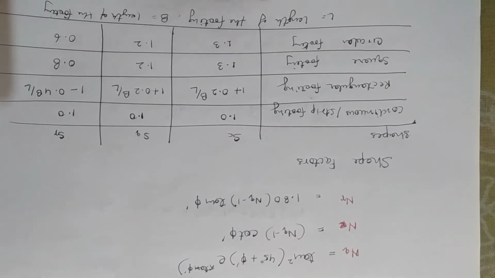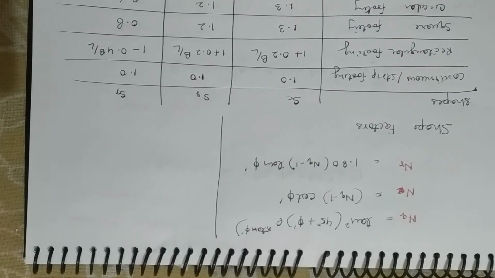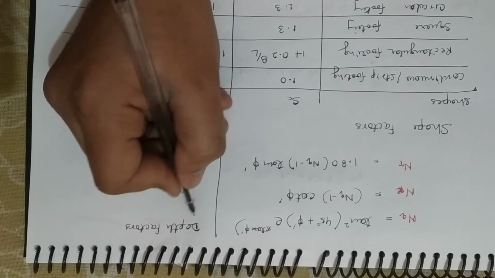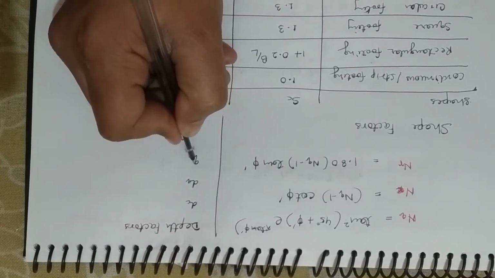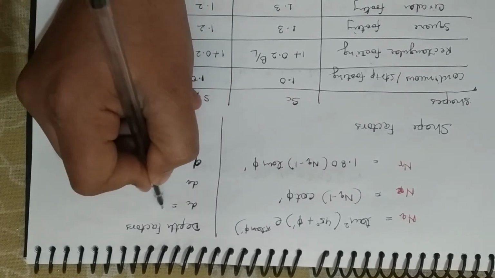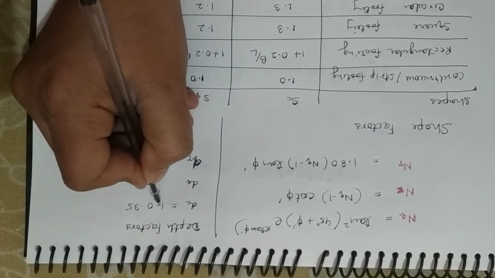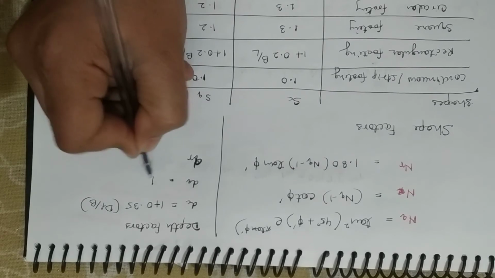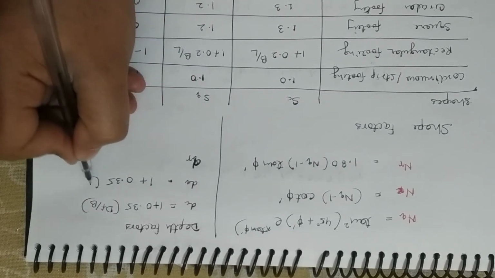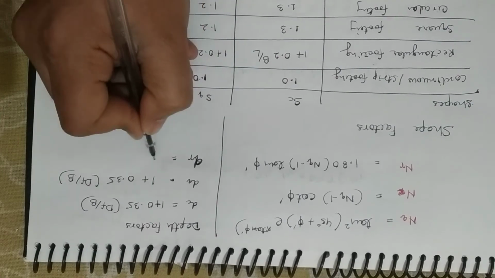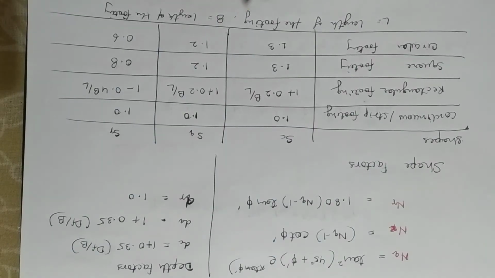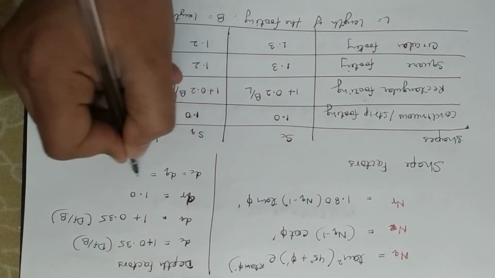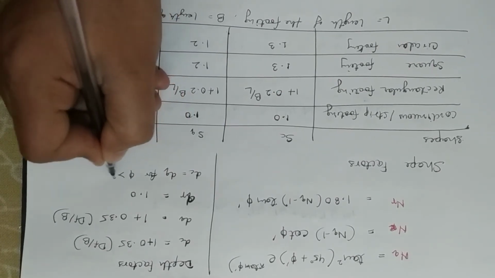Now, what are the depth factors? Depth factors are dc, dq and d gamma. dc is equal to 1 plus 0.35 df upon B, and d gamma is equal to 1, where dc is equal to dq for phi more than 25.